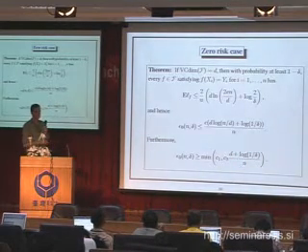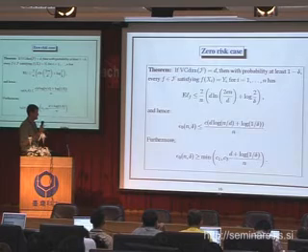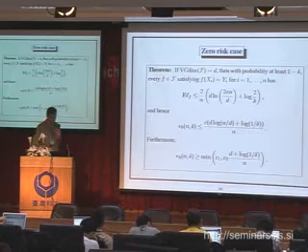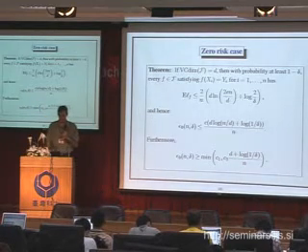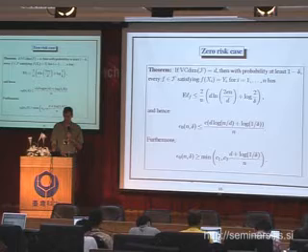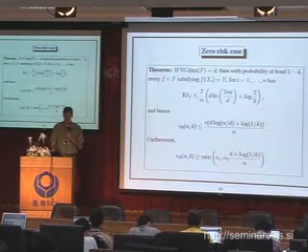Actually there's a gap there between these two upper and lower bounds. But you see we're getting a different rate now. This is like log n over n or 1 over n versus 1 over square root of n. So we get a faster rate in the case where the optimal risk is 0.